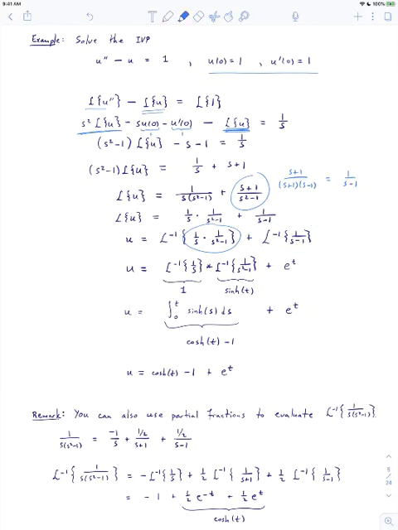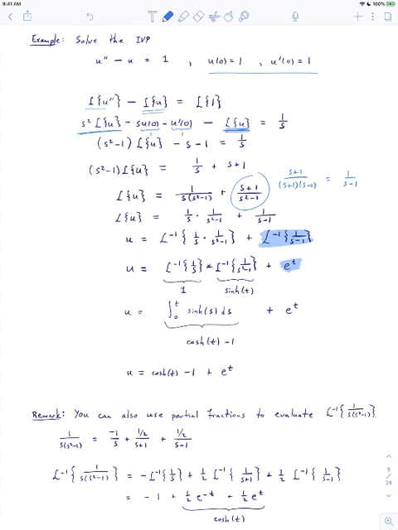So maybe once again we'll just color code some of these things. That's just e to the t. All right. So what about the inverse Laplace transform of the product? Well, we can use the convolution theorem to say that that's the convolution of the individual inverse Laplace transforms.